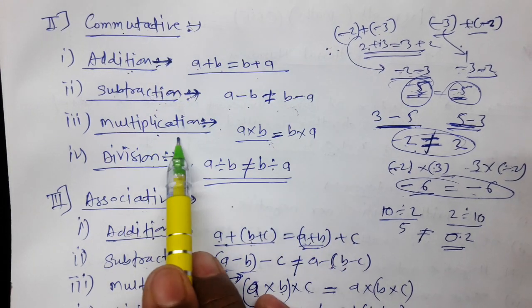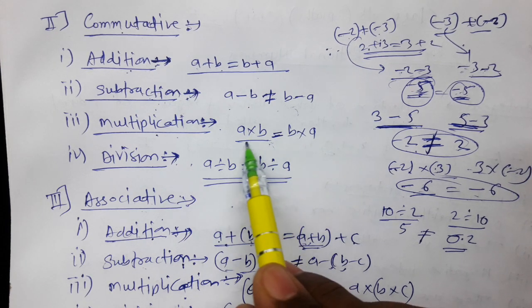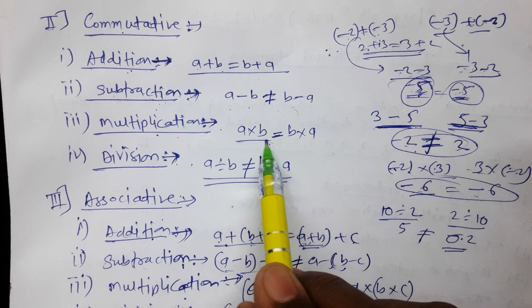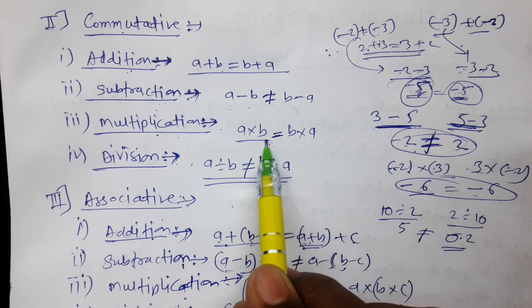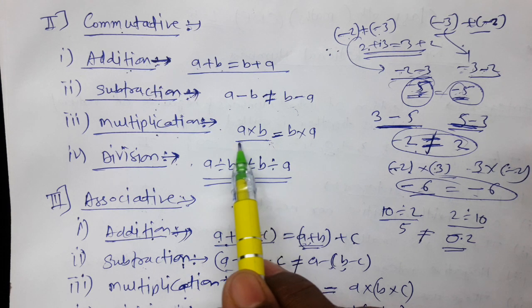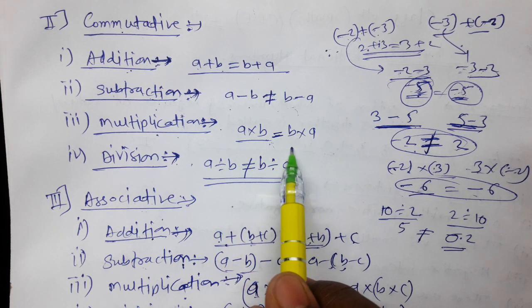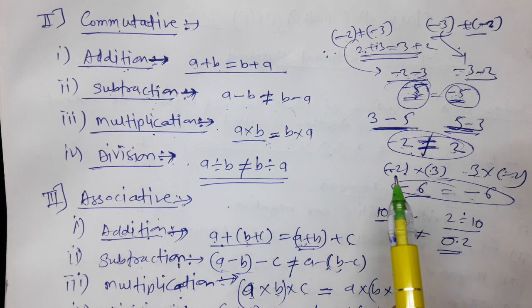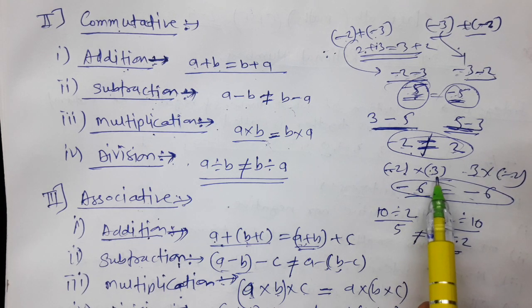Now for multiplication, take any two integers and multiply them by exchanging their positions, a into b and b into a. Both times we get the same result. One example: suppose -2 and 3 are the numbers.